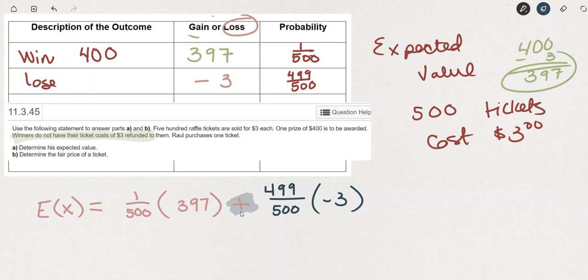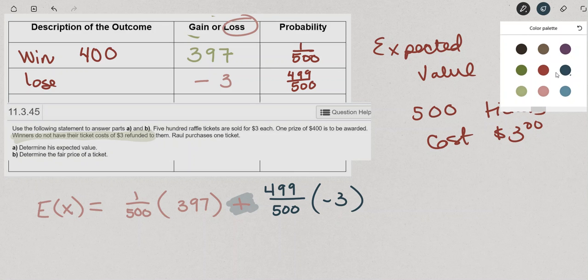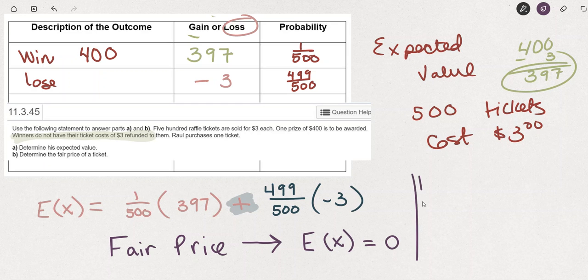Now, once you have the expected value, notice that to find the fair price, fair price means the price where everyone breaks even. So if everyone breaks even, that means that the expected value is going to be 0. A formula you can use, if there is a price, a cost, then breaking even is going to need to include getting your money back.